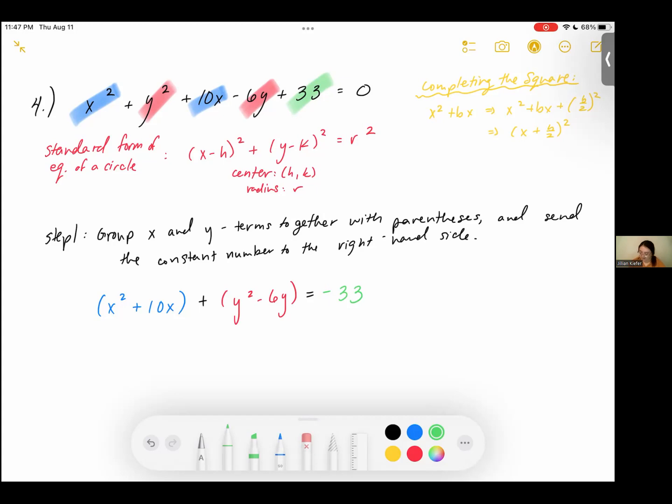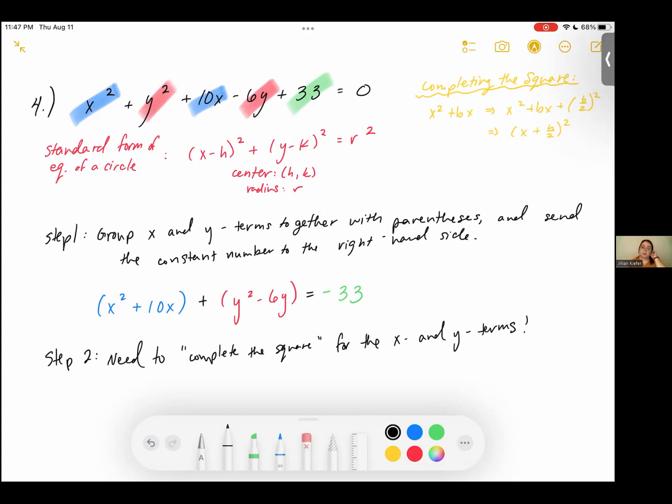So now is when completing the square comes in. Step 2 is that we need to complete the square for the x and y terms.